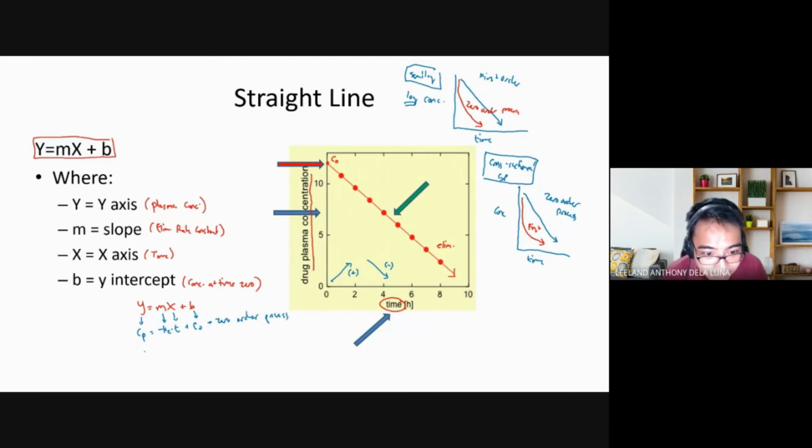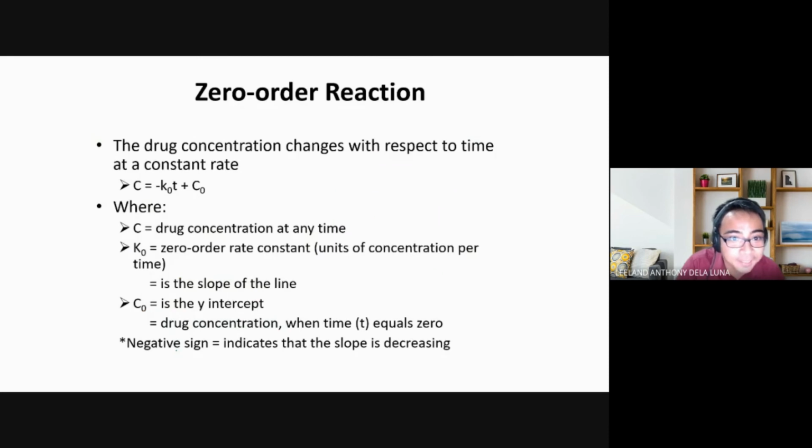If you allow me to rearrange this, it will come out as Cp equals C0 plus negative Ke times T. So negative Ke T. So this will now be the formula for zero order reaction. So let's see. So pretty much the same.